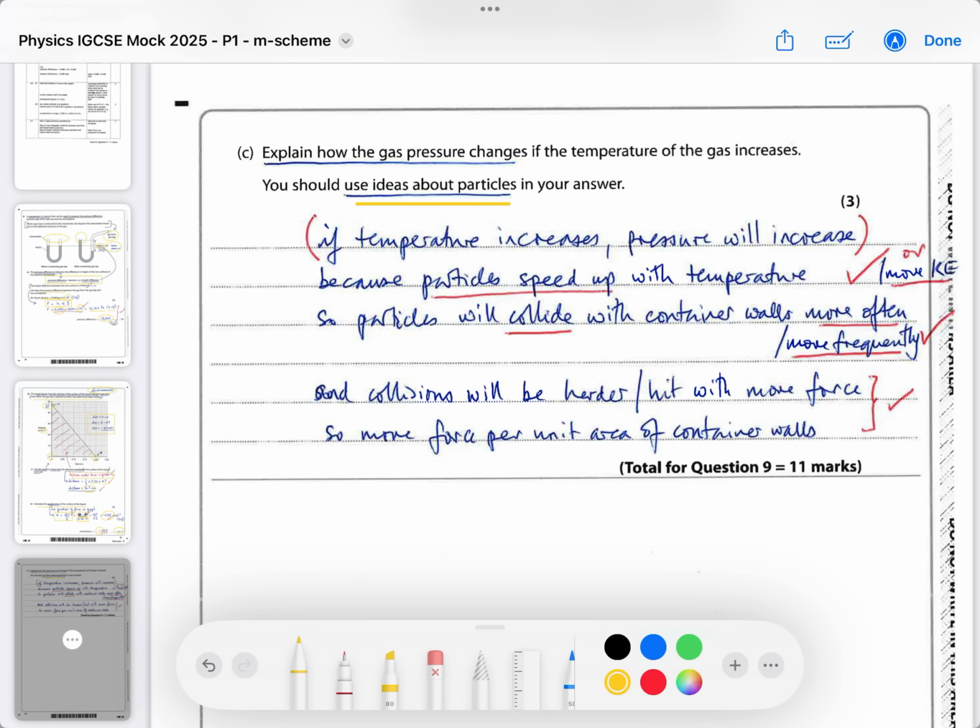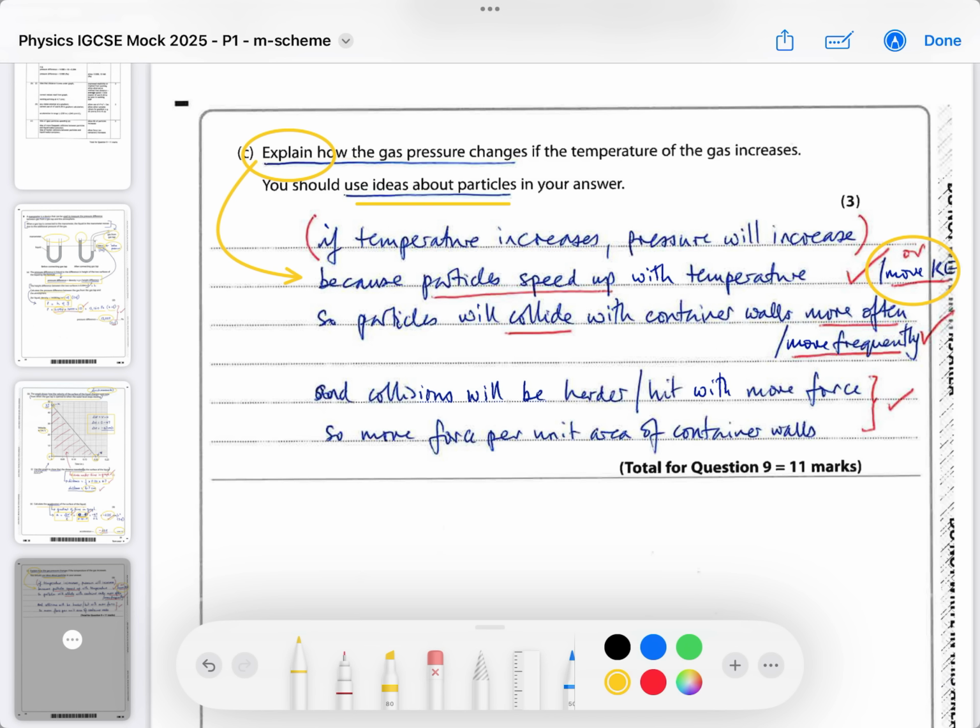So the explain part is why does that happen? And here I put because particles speed up with temperature, or they have more kinetic energy. They'll accept kinetic energy, but you can't just say energy, you've got to say it's kinetic energy.